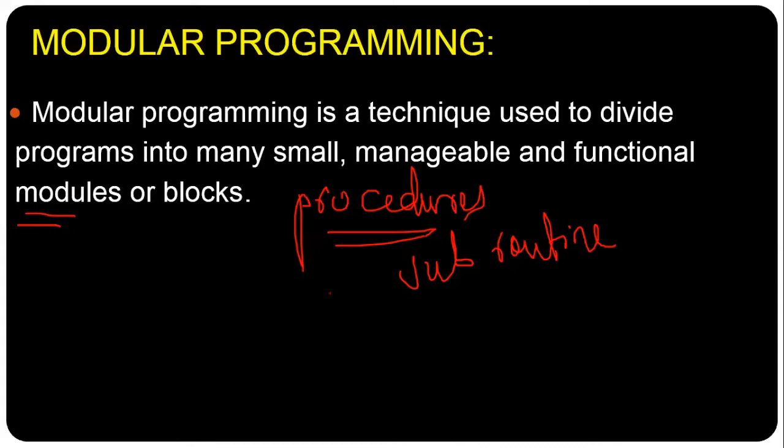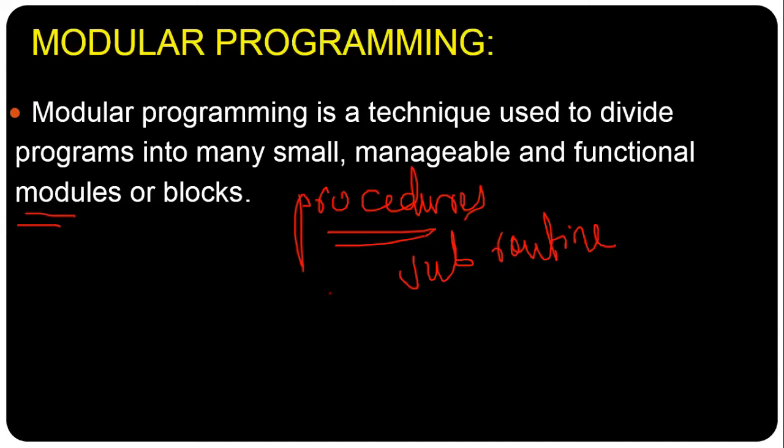We can run any individual module so that we can check. Once all the modules are ready, we can combine all the modules, and then we get a software or a single program. And that program was the larger program, which we broke into different modules.